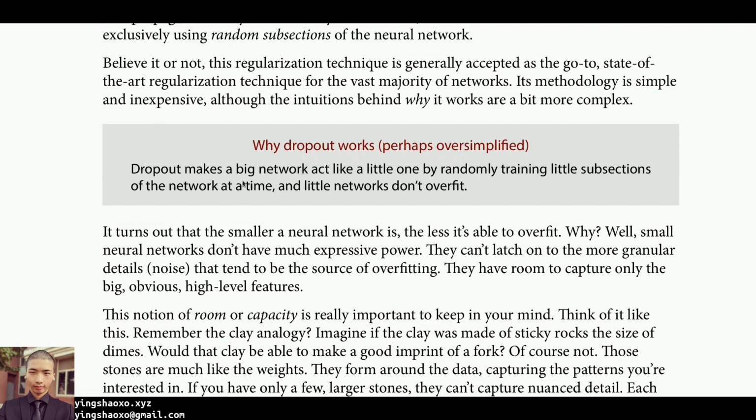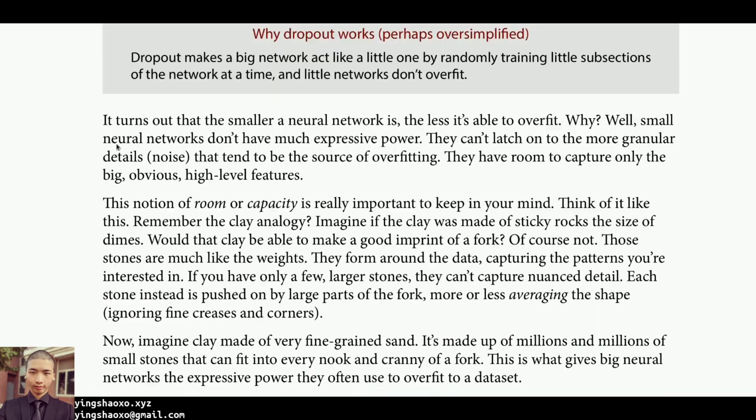Why dropout works, perhaps oversimplified. Dropout means a big network acts like a little one by randomly training little subsections of the network at a time, and little networks don't overfit. It turns out that the smaller a neural network is, the less it's able to overfit. Why? Well, small neural networks don't have much expressive power.